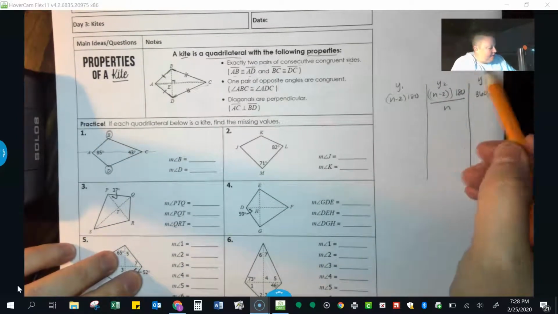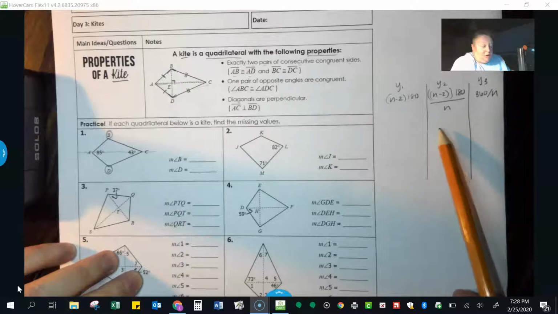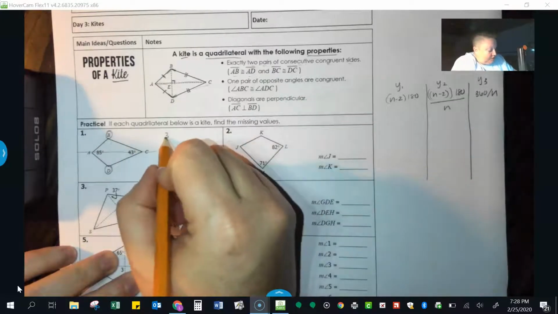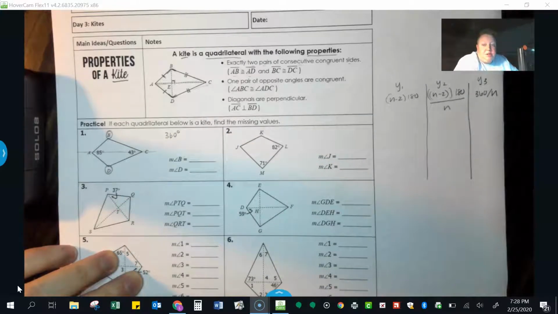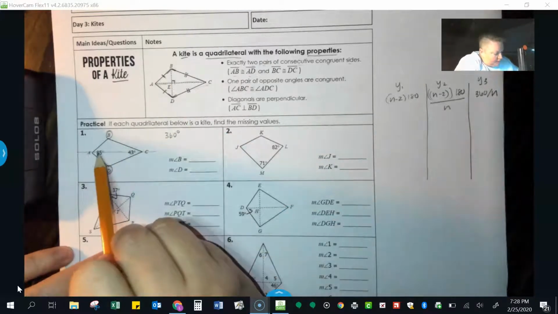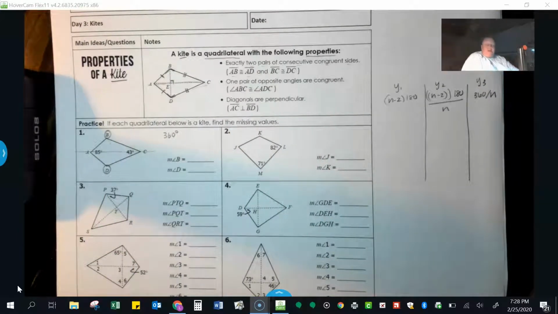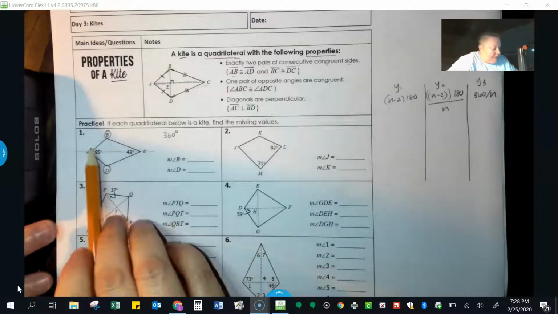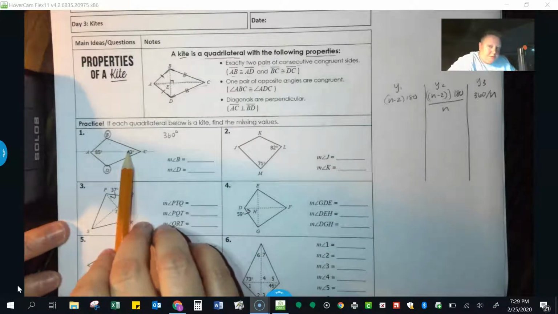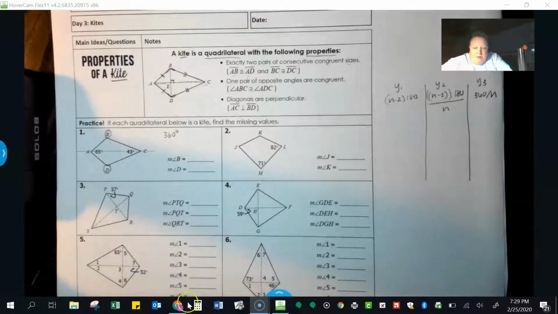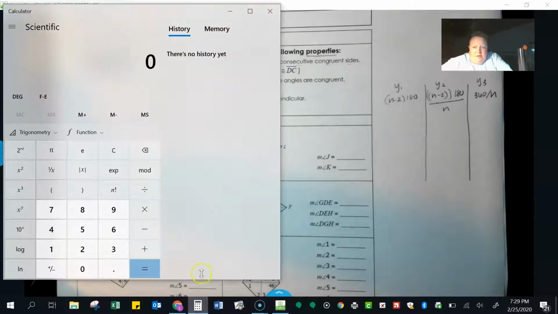You can use that and learn or recall or figure out that for a quadrilateral, the sum is 360. Sum of the interior angles of a quadrilateral is 360. Which means that this plus this plus this plus this is 360. So what I'm going to do is add these two together, subtract it from 360, and then divide by 2. Alright? So I'm going to say 85 plus 43.